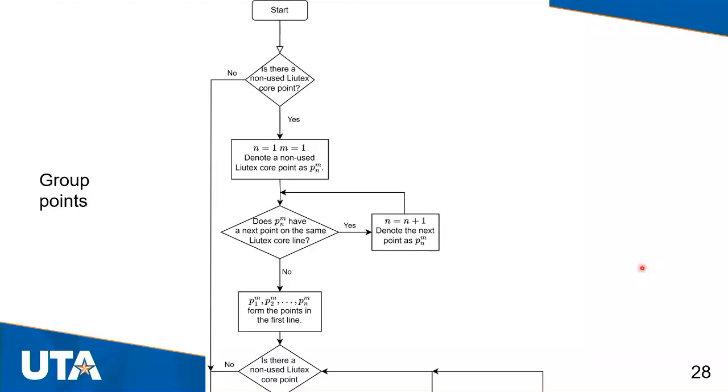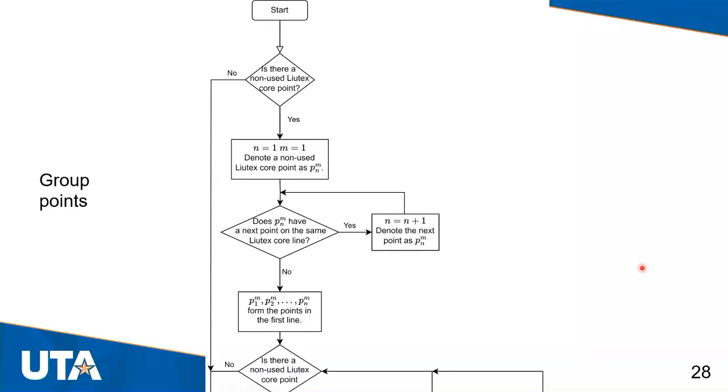So we start from a point, then find its next point, right? We find if this point has a next point, we find it and continue, find the next point of the next point. We keep doing this process until we find the last point, right?